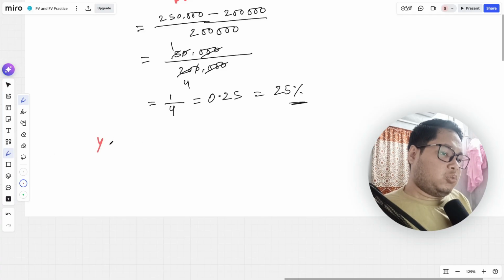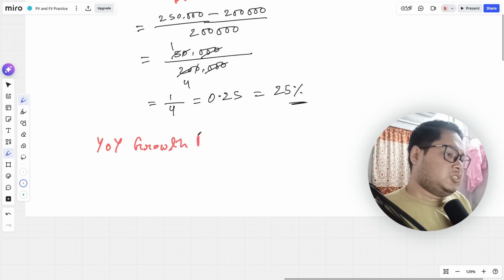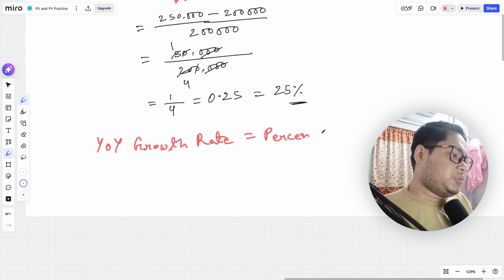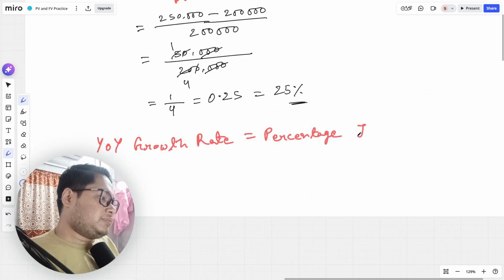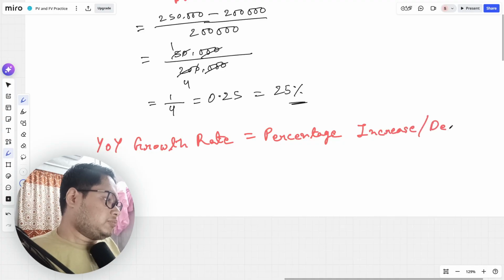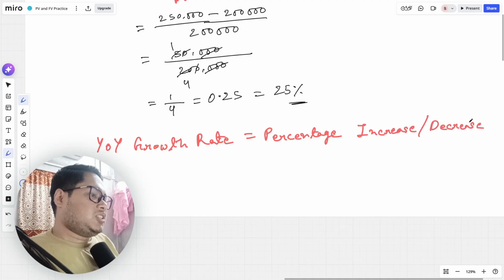So this YoY growth rate is simply equal to percent, if I spell it incorrectly then forgive me, percentage increase or decrease. So it's basically the same thing.